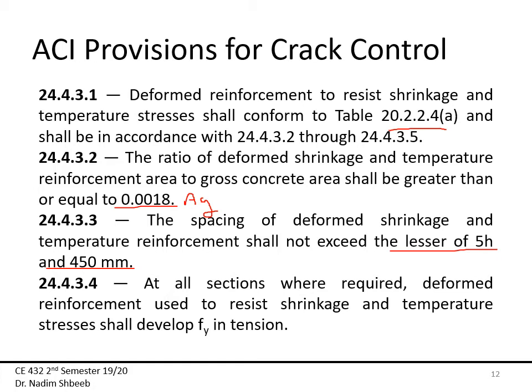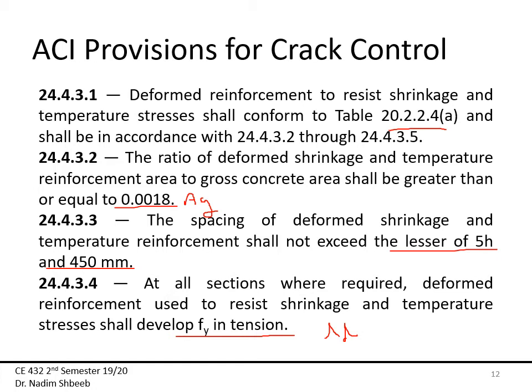At all sections where required, deformed reinforcement used to resist shrinkage and temperature shall develop fy in tension, which means I have to satisfy the development length, which again we're going to talk about soon. Okay, well, soon I mean maybe 2 weeks.